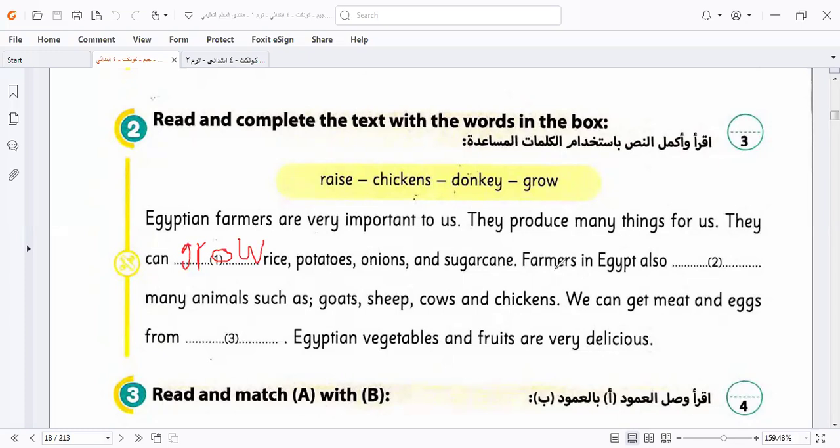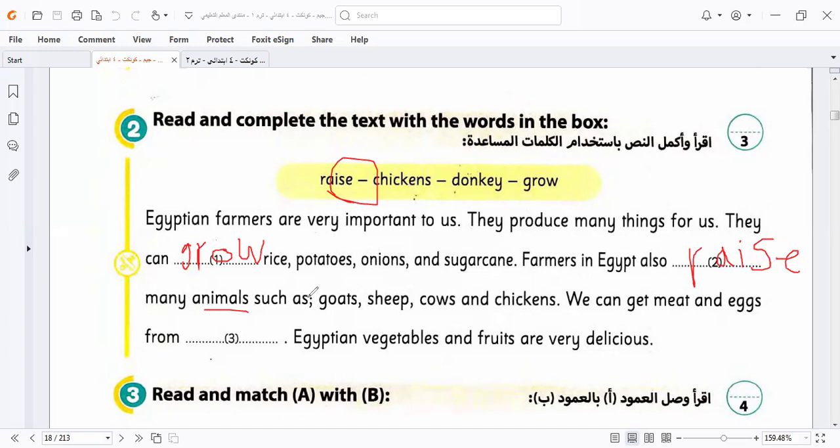Farmers also raise many animals. What is the verb we use with animals? Raise. So here it would be "raise". So "raise" is used with animals, and "grow" with crops and plants. We can get meat and eggs from what?